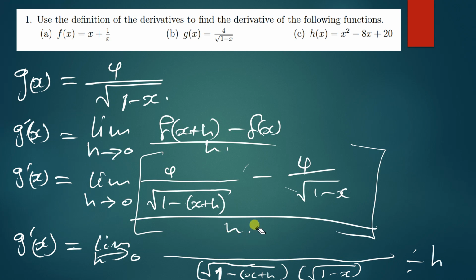So on top there, we're going to have this 4 times that, or we say this expression into that, it's this part that will remain. This times 4, we have 4 root 1 minus x, and we say minus 4 root of this part, 1 minus x plus h.